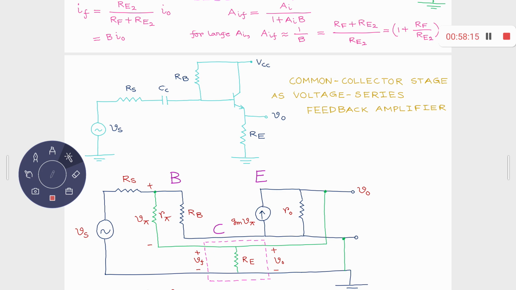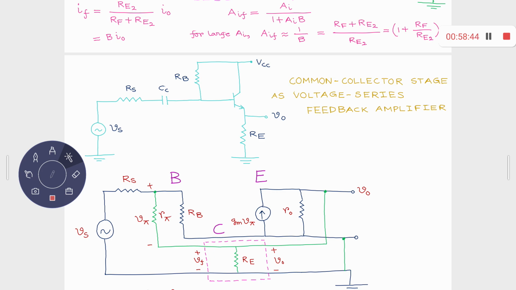What else? That R pi. How is it connected? Between base and emitter. This is your emitter terminal, this is your base terminal. You may argue that I can always connect like this, but I am connecting in this fashion.